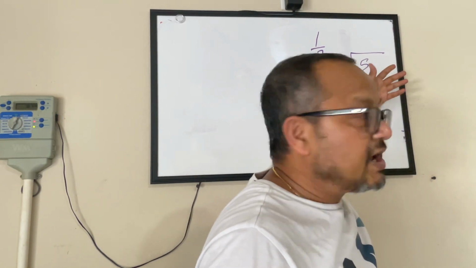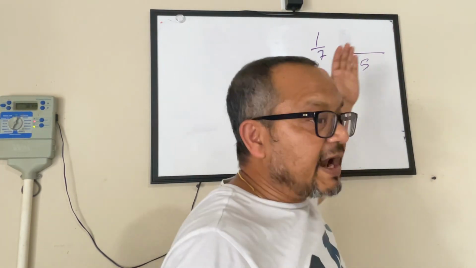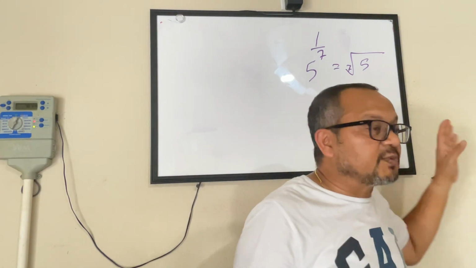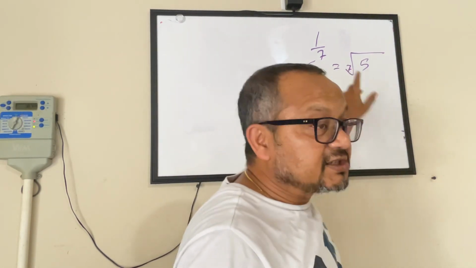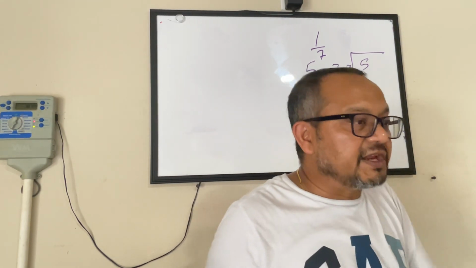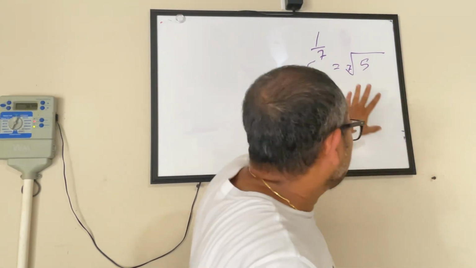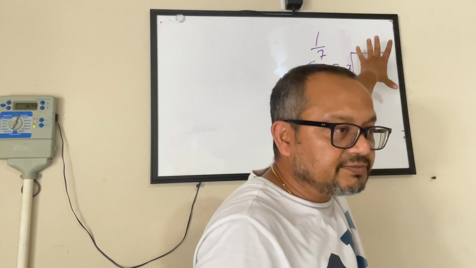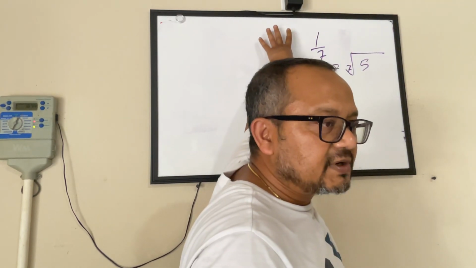So radical exponent and rational exponent are the same thing. They are just represented in a different way. That's it. Okay? So I'm not teaching you guys anything different with respect to radical exponents. It's the same stuff. Yeah?